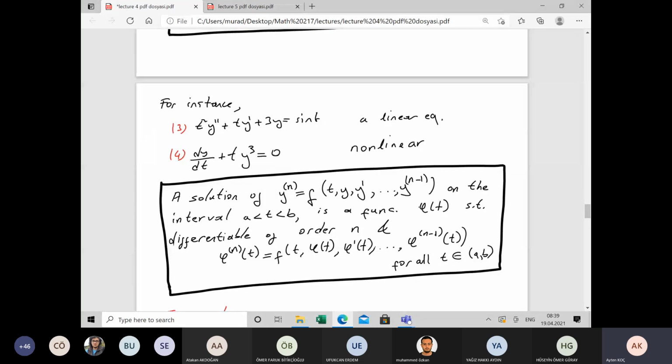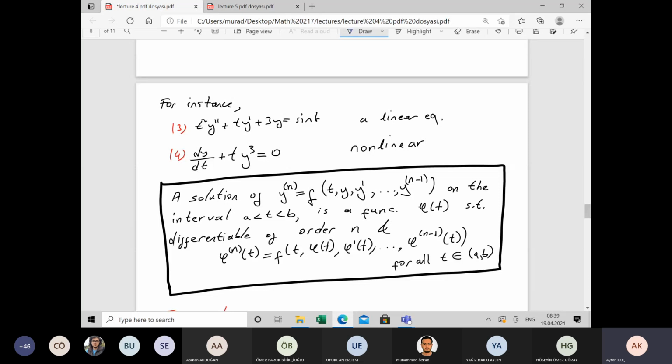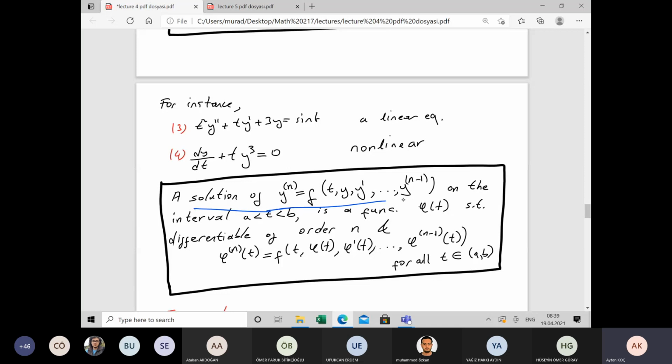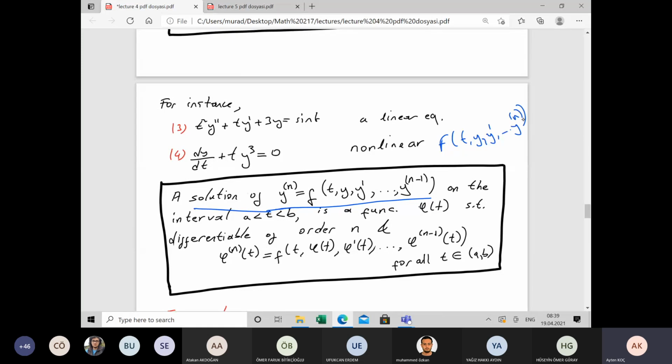And the question: what's the solution? Solution means solution of the y to the n, because look at this one, f of t, y prime and y, the n-th derivative is 0.